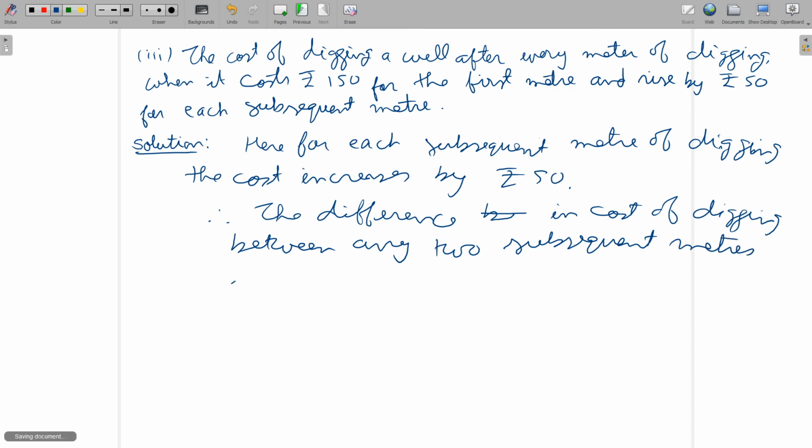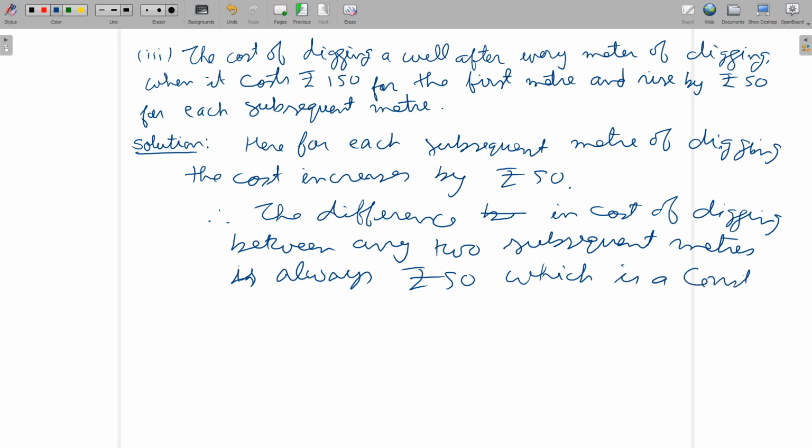It is always rupees 50, which is a constant. Therefore, what we can say is that the given situation is that of an AP.